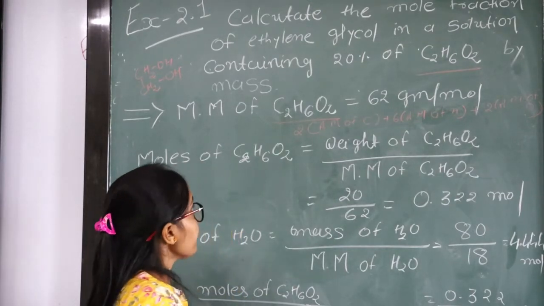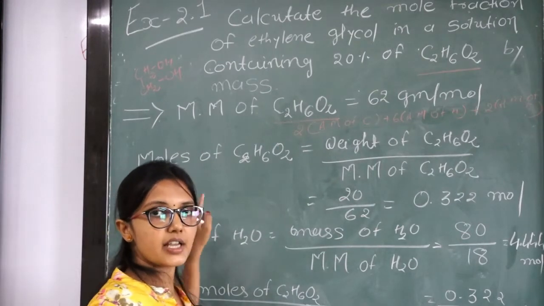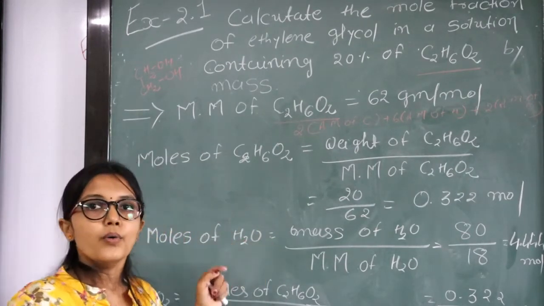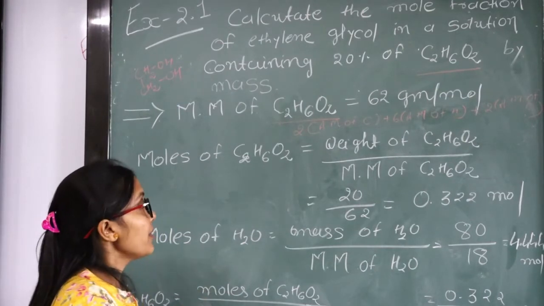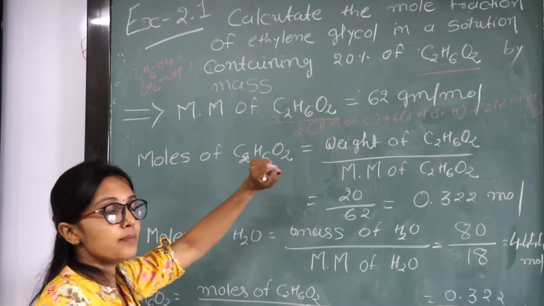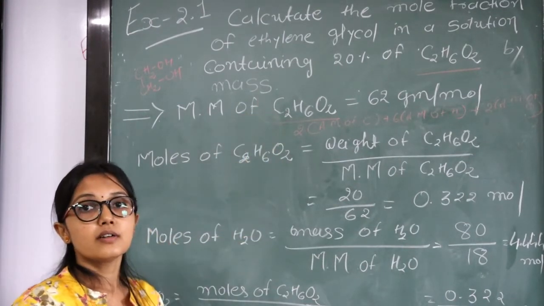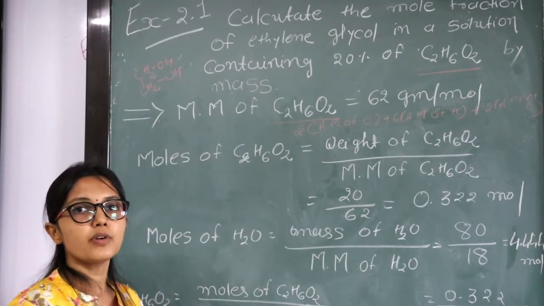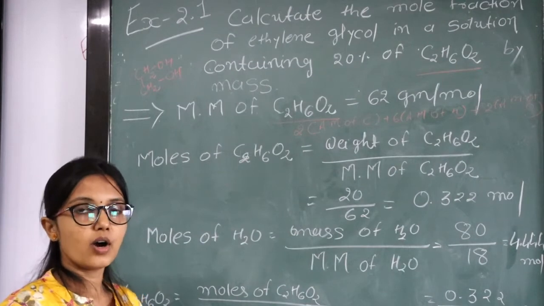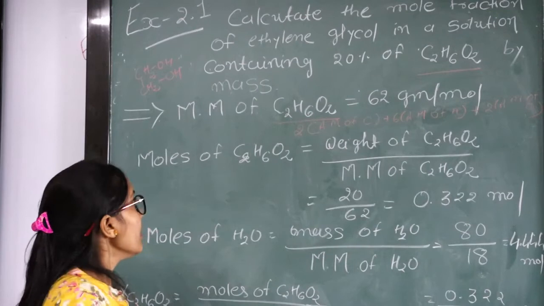Second step, moles of ethylene glycol. Why do we calculate these two values? Because for mole fraction we use moles of solute divided by moles of the solution, or total moles present in the solution.